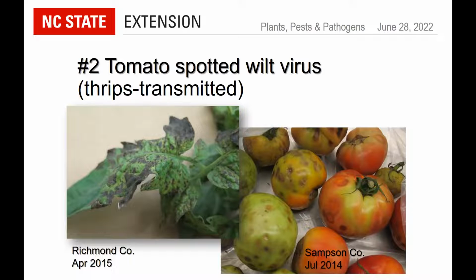And the reason that it can show up on the young growth is because the virus is systemic in the plant. The spotted fruits there, of course, you can see, and again, Matt already made mention of some of these novelty shaped fruits with the necrotic spots and the ring spots on them.